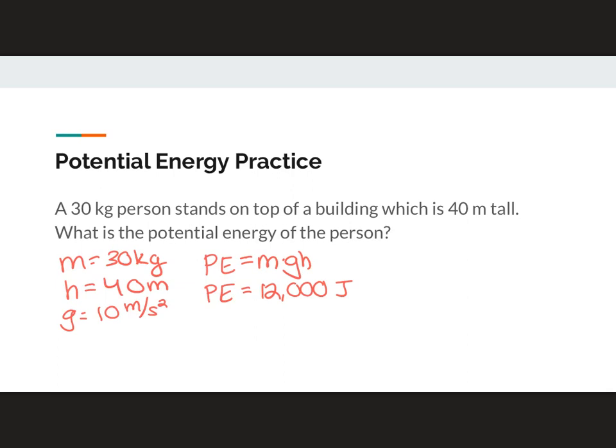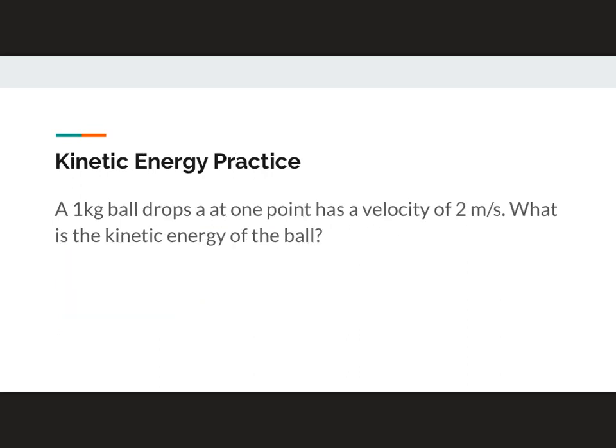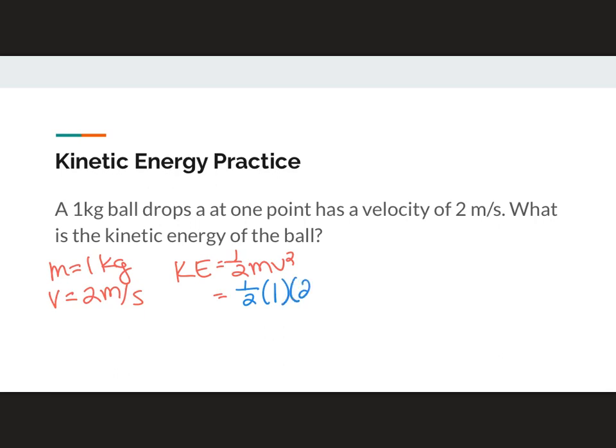All right, let's try some kinetic energy problems. So a 1 kilogram ball drops. So I'll write down my mass is 1 kilogram. And when it drops, it has a velocity of 2 meters per second. So to ask, what is the kinetic energy of the ball? So I know I need to use my kinetic energy equation. So I'm going to write this one out to make sure that we do it correctly. So I have 1/2 times my mass, and then velocity squared.